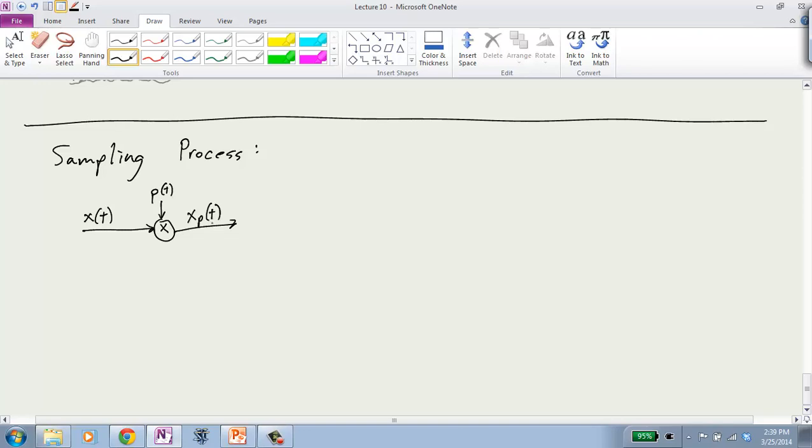So what we mean by this is the following. P of t equals delta functions that occur at the points where we're sampling. For now, let's just talk about sampling at a rate 1. So we're just sampling at the integers. So that means this is delta of t minus k for all k.